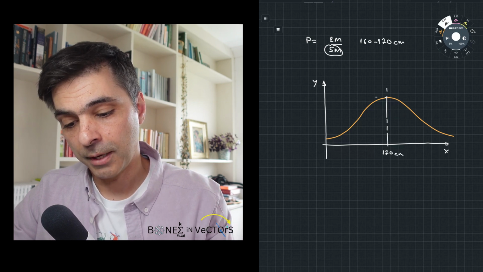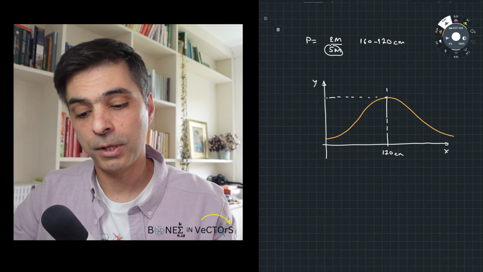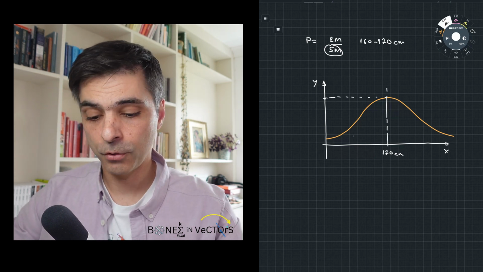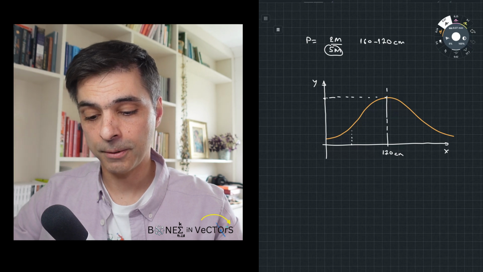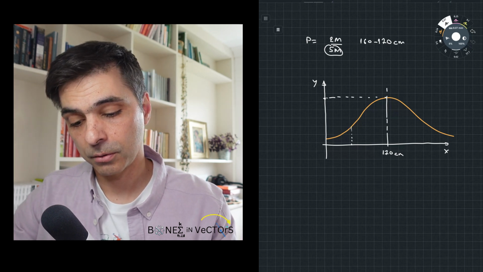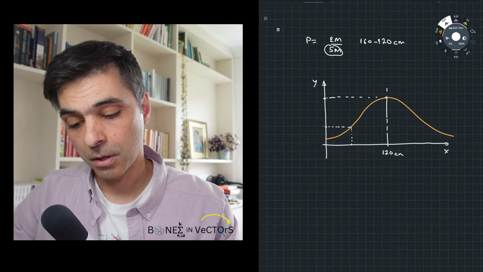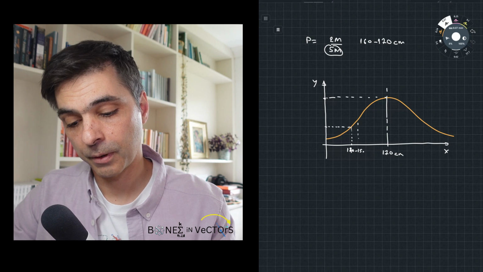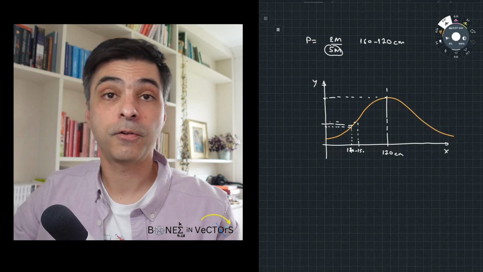It will take a unique value, so y will be a unique number. If you want to see the probability of someone being between 140 to 150 centimeters, that would be a different value.